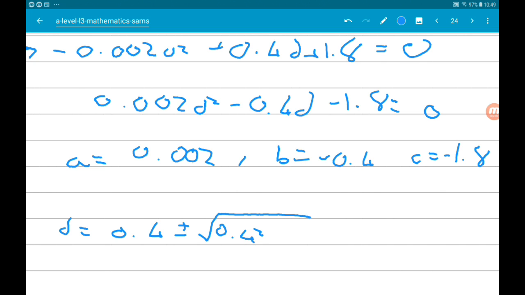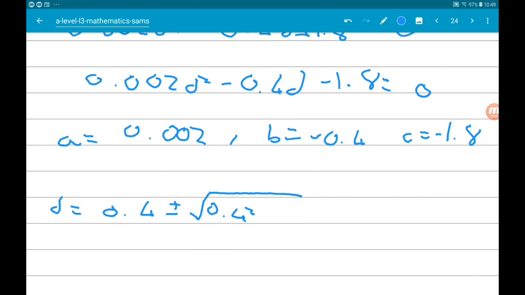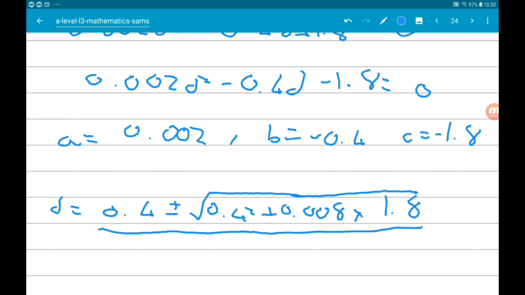So that's going to be a positive. Then we could multiply one of the things by the 4. So we're going to go 0.008 times 1.8. And then that's all over 2a. So that's all over 0.004.